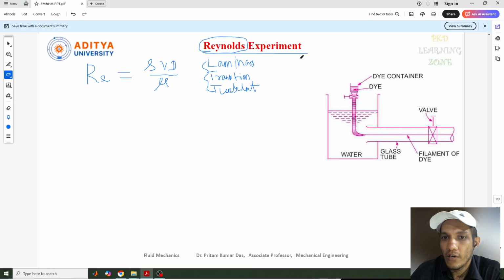This was in the year, I hope, near about 1883, 84, something like that. As I told you, the Reynolds number is defined in this way, and from this experiment we can identify laminar flow, turbulent flow, and transition flow.